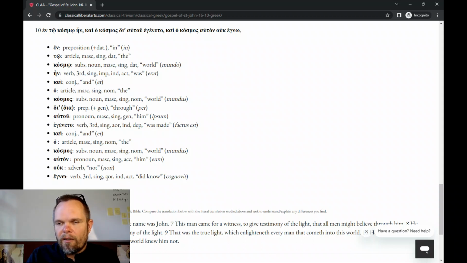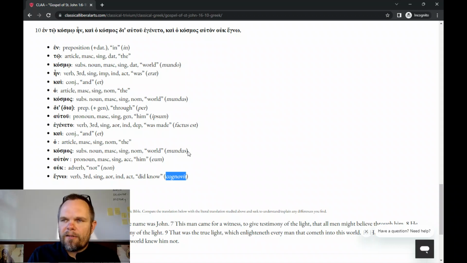Notice that the aorist tense here, which is indefinite in Greek, was translated by St. Jerome with a perfect tense verb. So we've seen him use different verb tenses to translate the aorist tense in Greek, and that's the whole point of the aorist tense. It's indefinite. So ouk egno, not did know, did not know, non cognovit in Latin.